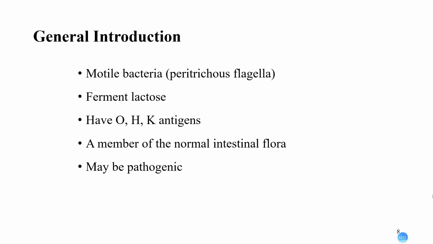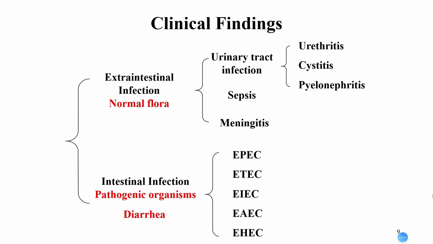Most of the E. coli are members of the normal flora, a big part of the intestinal flora. But some E. coli strains can become pathogenic if they gain the ability to produce some virulence factors, such as some exotoxins. Here are the different types of E. coli.